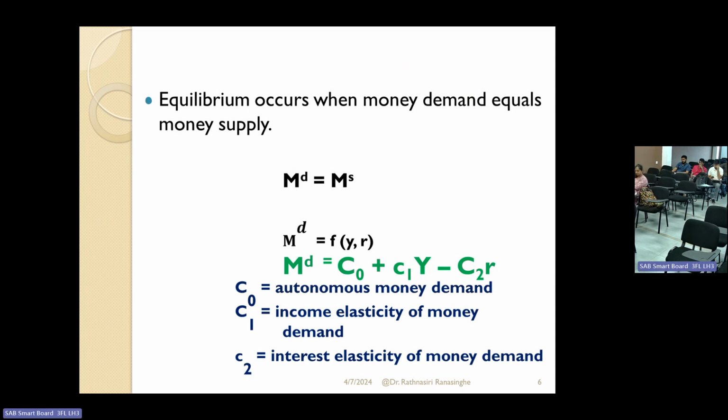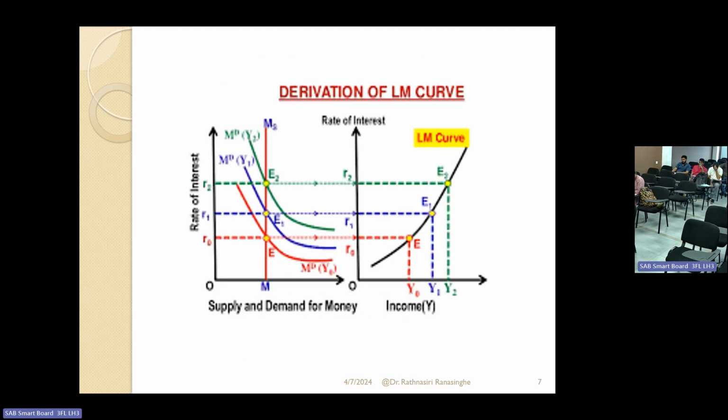That is our money demand. Money supply is not a problem, since it is determined by the central bank. The interaction between money demand and money supply determines the equilibrium, and based on that we can derive the LM curve. This is how we explain money market equilibrium.